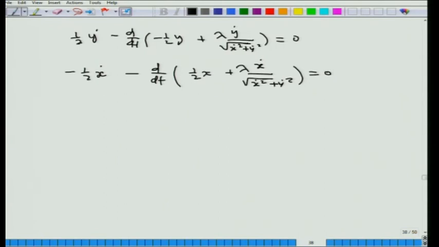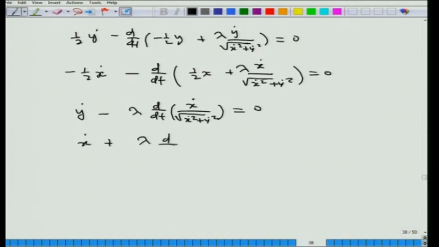Simplifying this, we get y dot minus lambda d/dt of (x dot over the square root of x dot square plus y dot square) equal to 0, and x dot plus lambda d/dt of (y dot over the square root of x dot square plus y dot square) equal to 0.